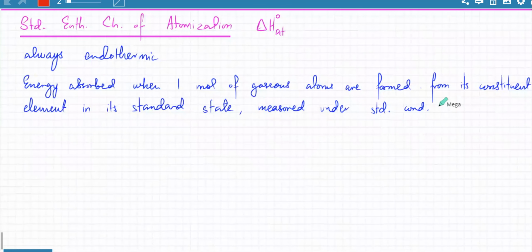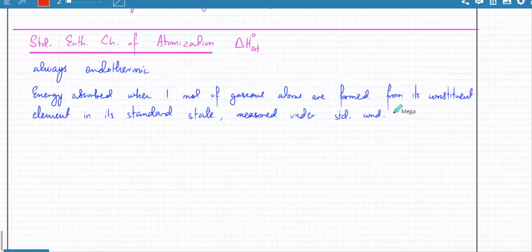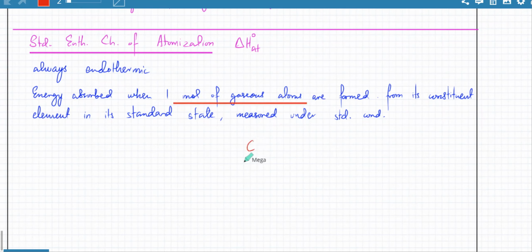So what that basically means is that it's the energy absorbed when you're forming 1 mole of gaseous atoms of any substance. For example, let's say I'm making 1 mole of gaseous atoms of carbon, formed from its constituent element. What's the element? The element is also carbon, but the element must be in its standard state. Carbon is solid at room temperature.